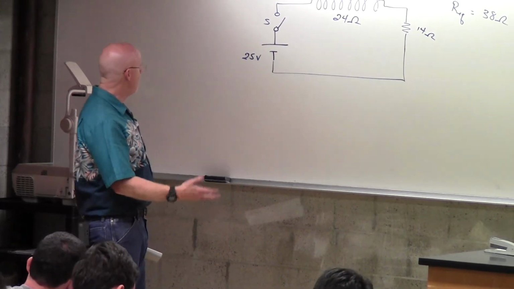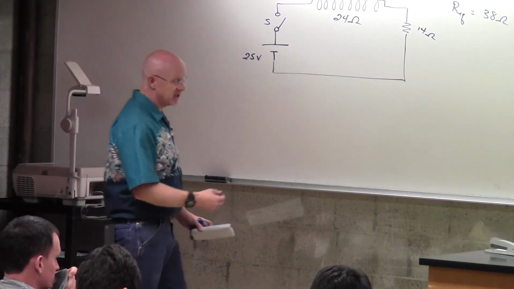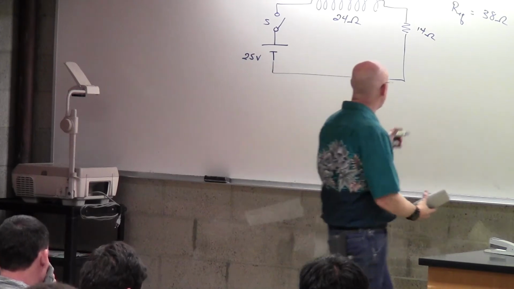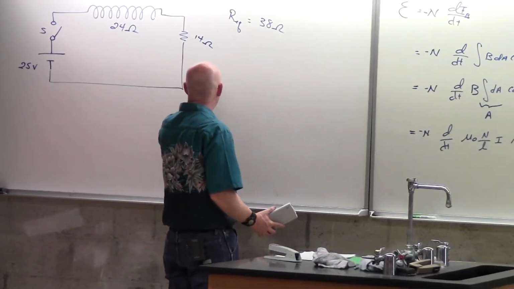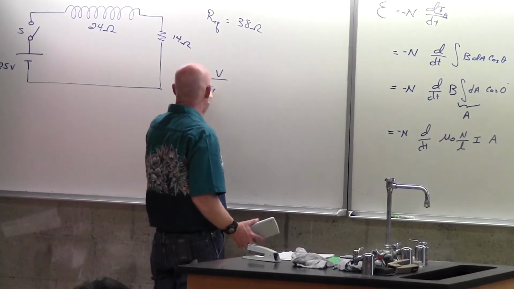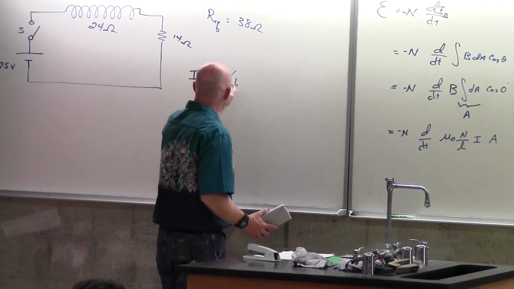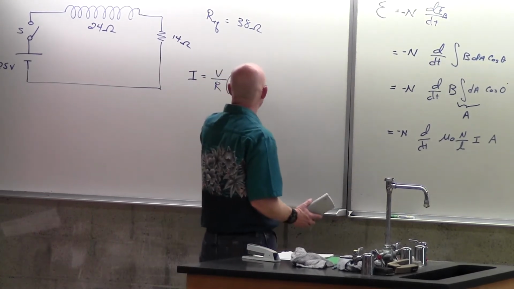Because now the actual current itself, we worked that out in class, and you can rework it again, but I think the best thing to do on this one is to remember we did that time constant.